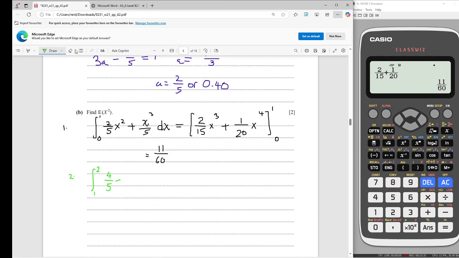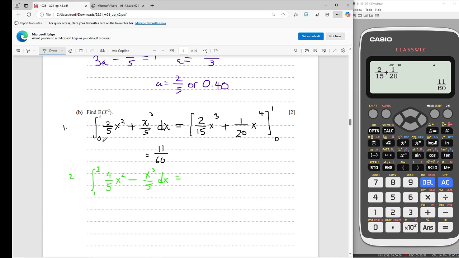We're multiplying the entire thing with x squared, so we have x squared minus x cubed over 5, with respect to dx.